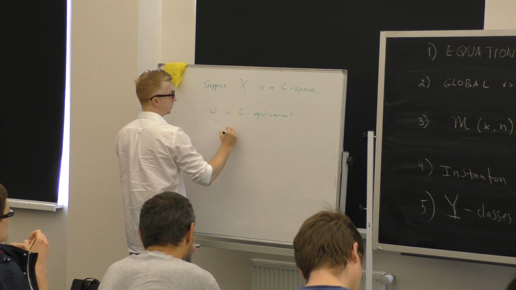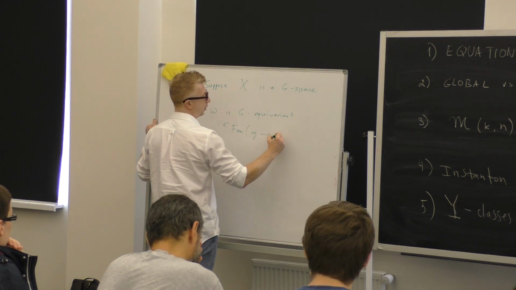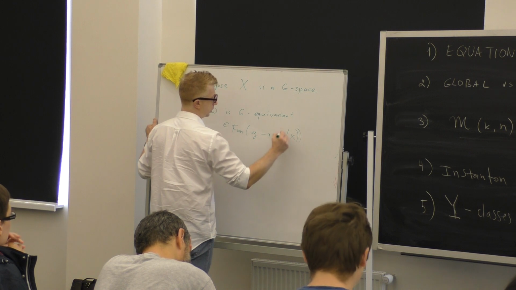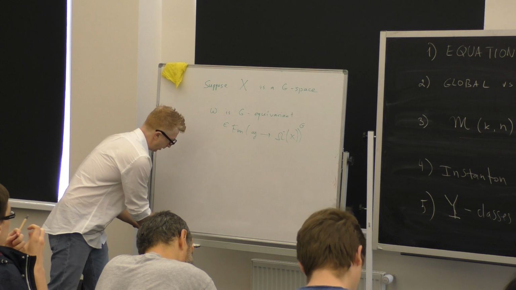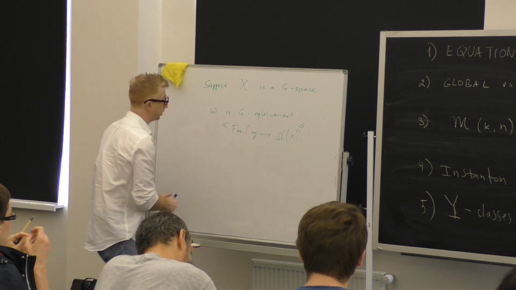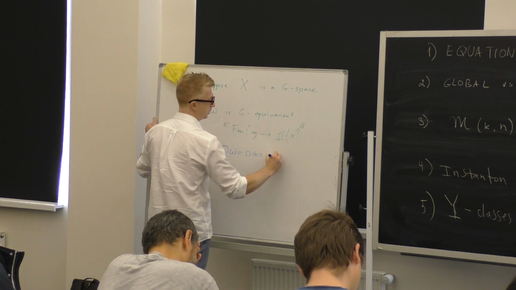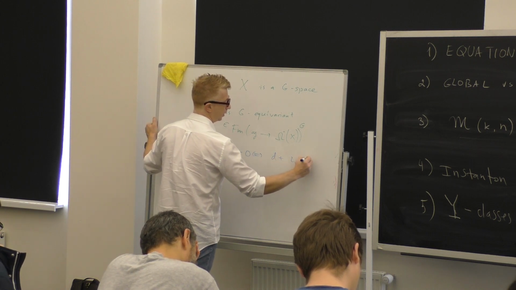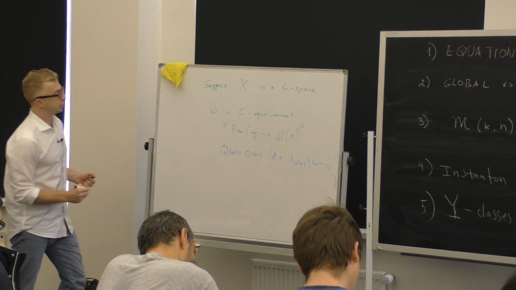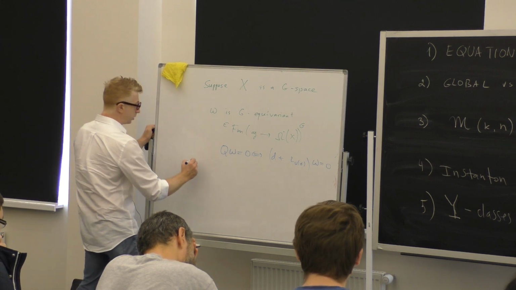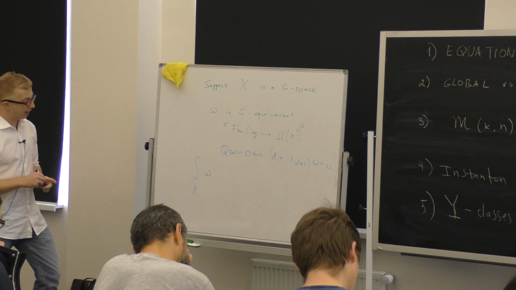So remember, it means that this is a function on the Lie algebra valued in differential forms on X, which is G equivariant. And moreover, let me assume it is Q closed. So d plus IV of sigma applied to omega is equal to 0. So I now want to integrate, and suppose the integral of omega over X exists.